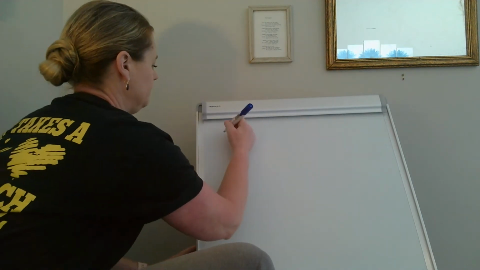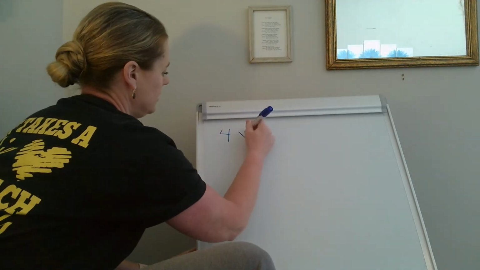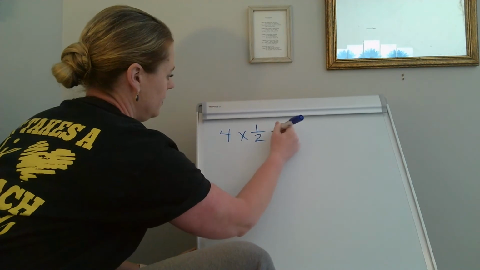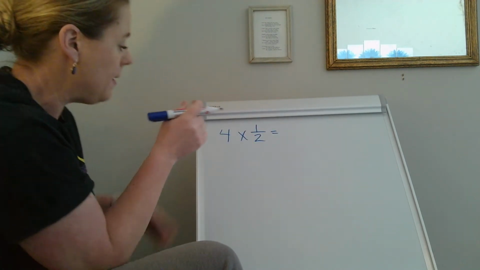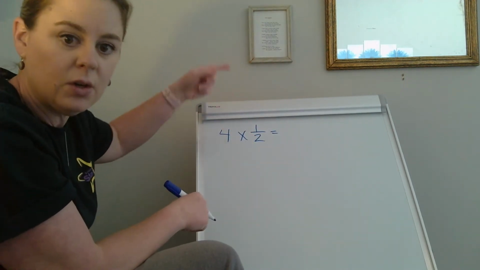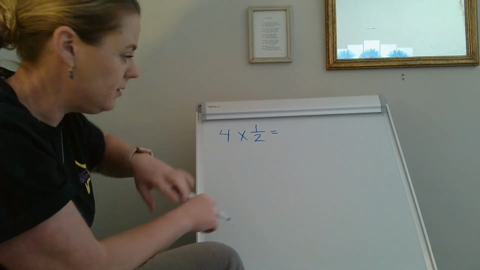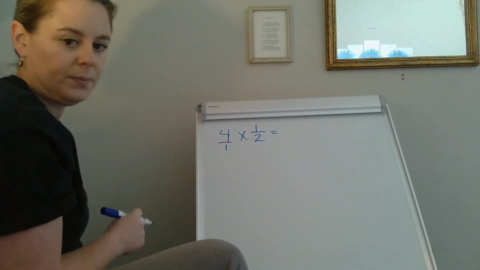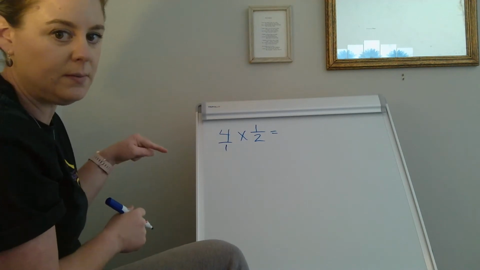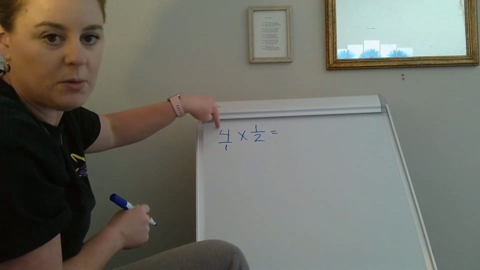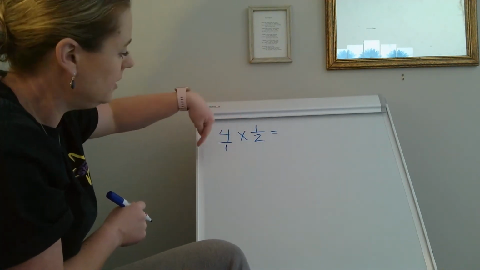Okay, so the first one. 4 times 1/2 equals. Remember our whole number goes over 1. Then we multiply the numerator straight across and the denominator straight across.